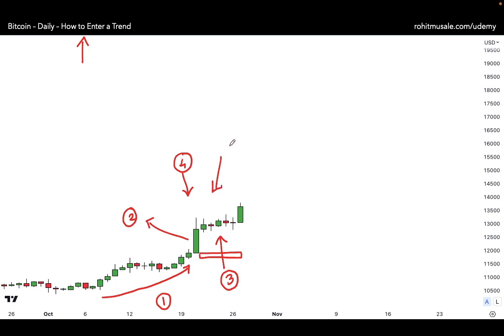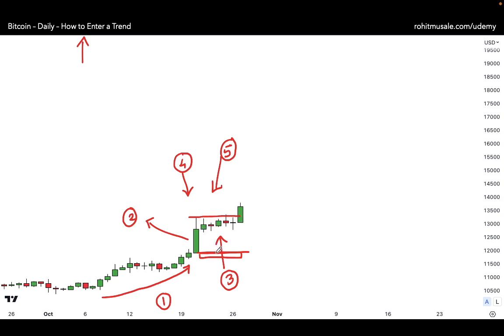Number 5, all of these small real bodies should come within the range of the first candle. So what's the range? The range is high and low, the distance between the high and the low. So I draw a line like this, I draw the low line like this. As you can see, all the real bodies are coming within these 2 lines.